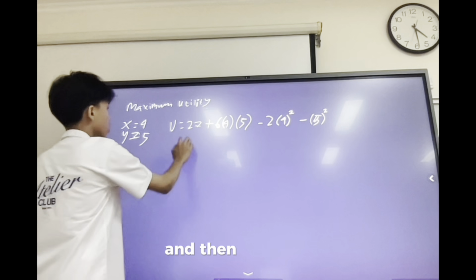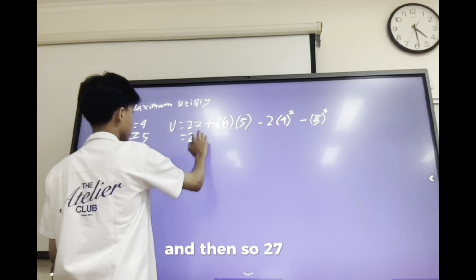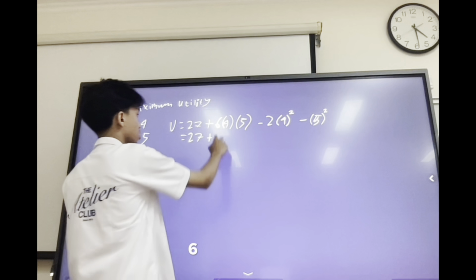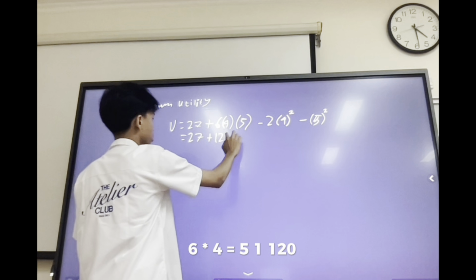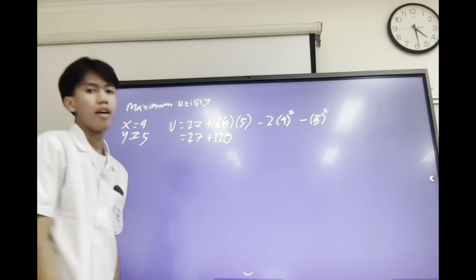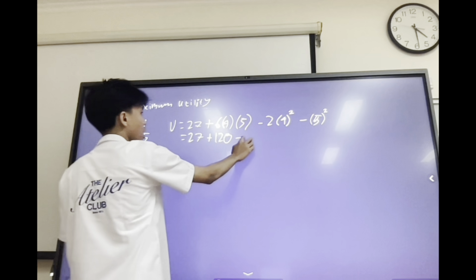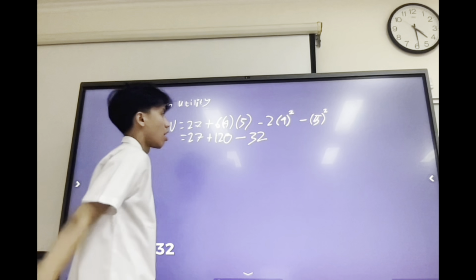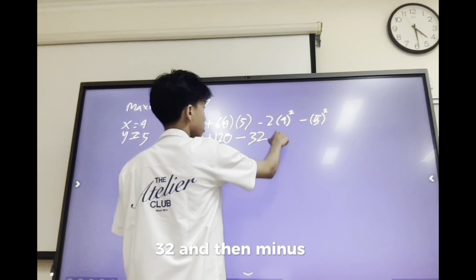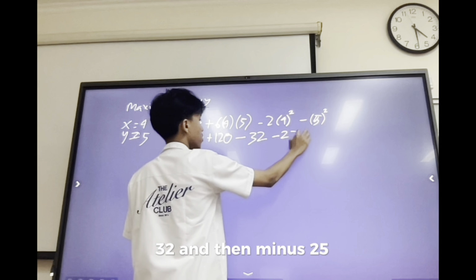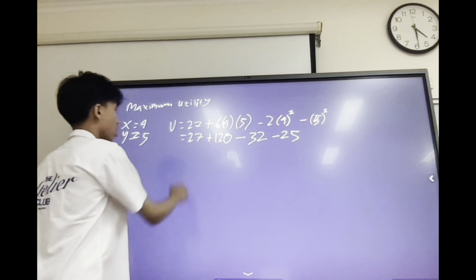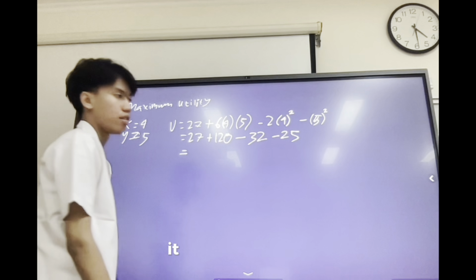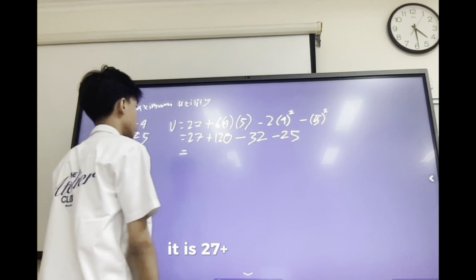So 27 plus 6 times 4 times 5, 120, and then minus 32, and then minus 25. So overall, it is 27 plus 90.